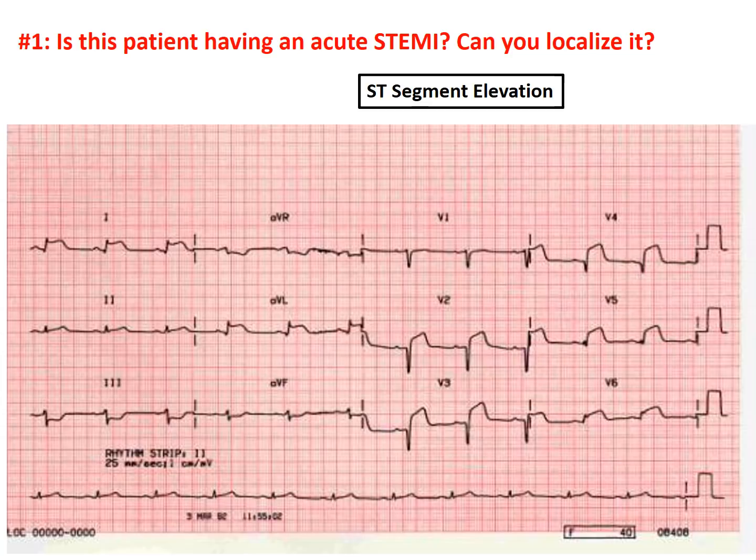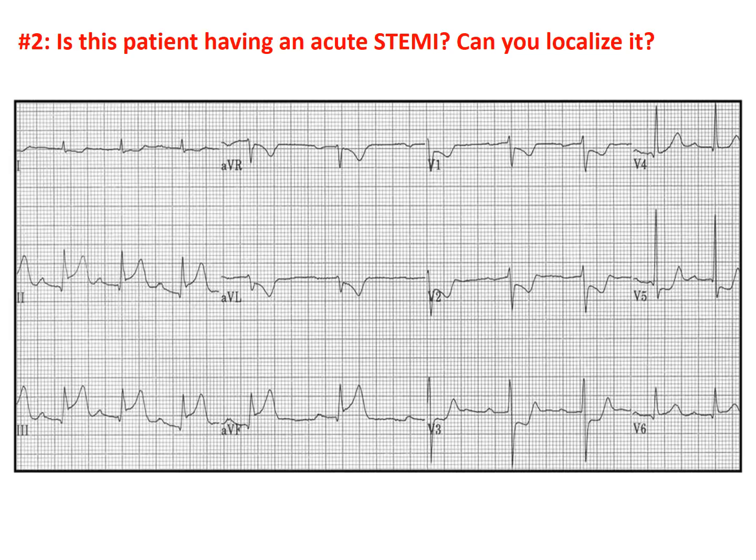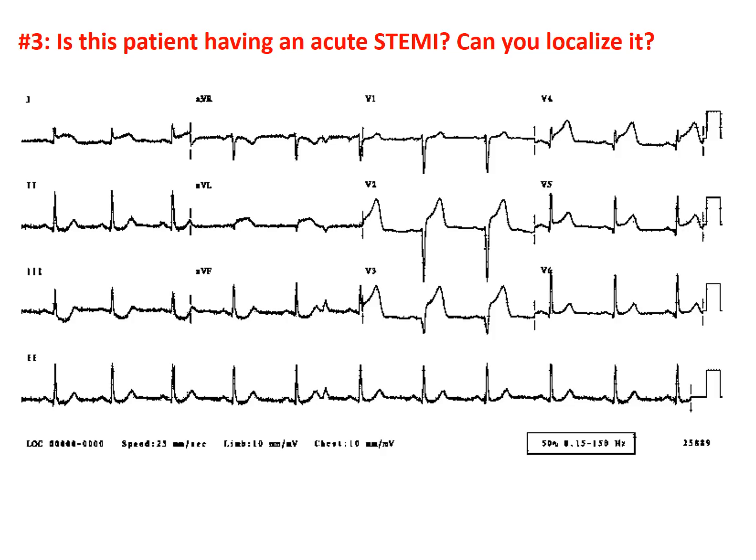You do a rapid 12-lead EKG. Here's patient 1. Are they having a STEMI? Can you see it and can you localize it? Here's patient 2. Are they having a STEMI? And here's patient 3. Are they having a STEMI?